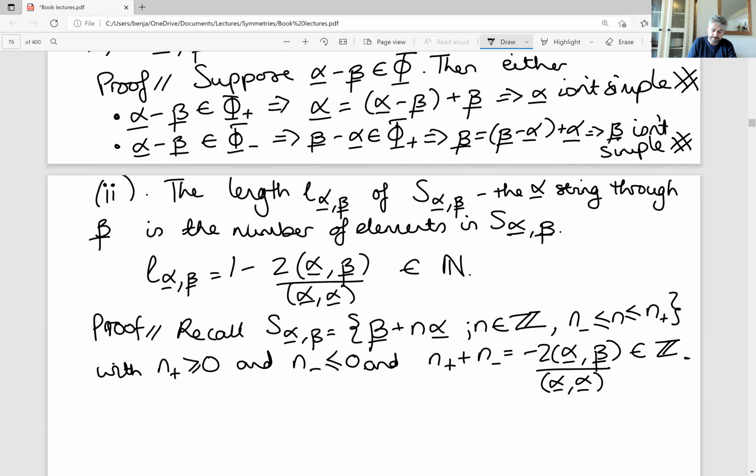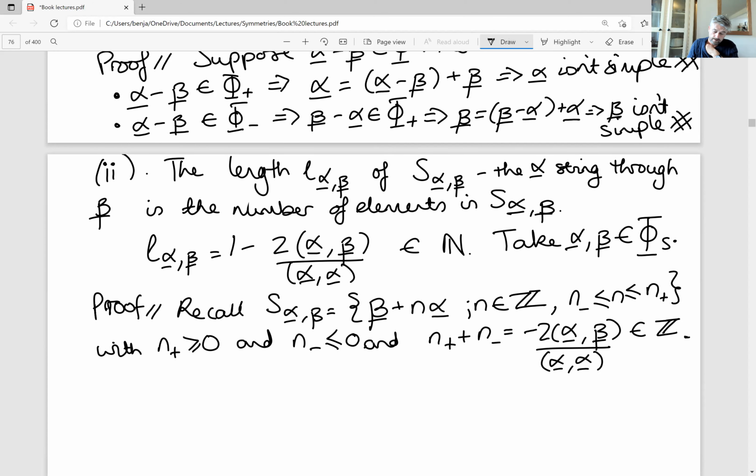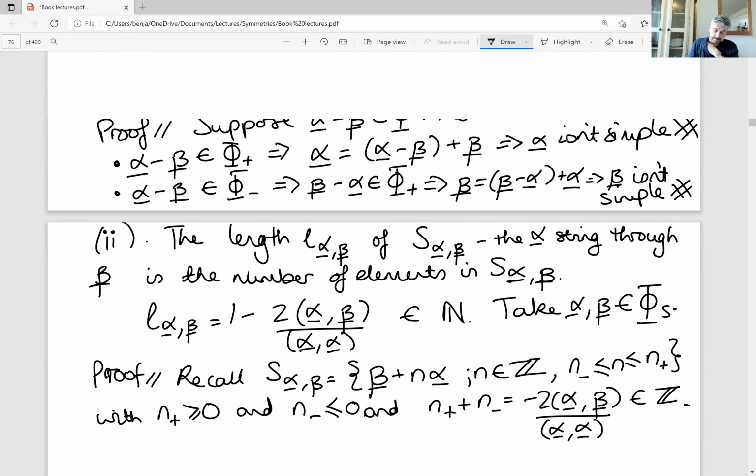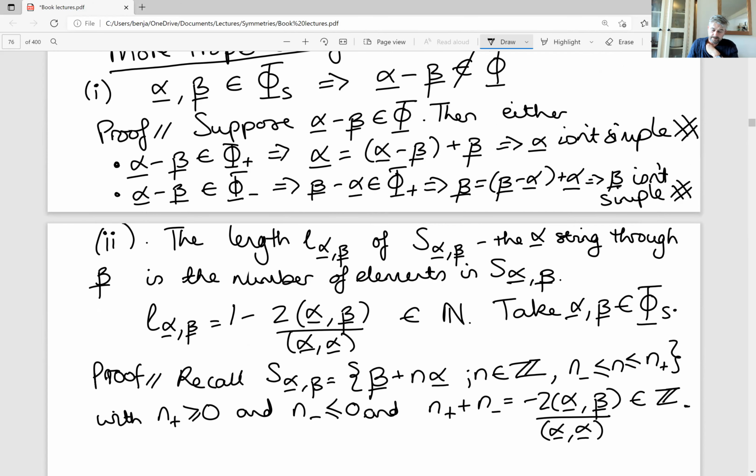So now, yeah, sorry, I should have said. So we take alpha and beta as simple roots. Okay. So yes, given that these are simple roots, we're not allowed to do any subtracting, and so n minus has to be 0.